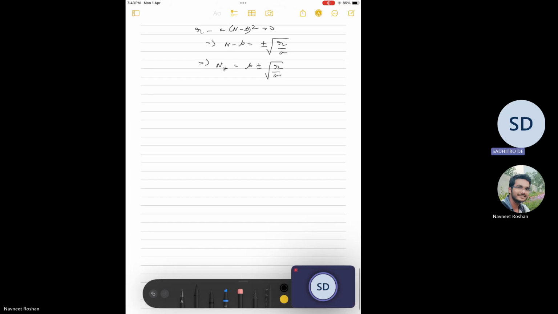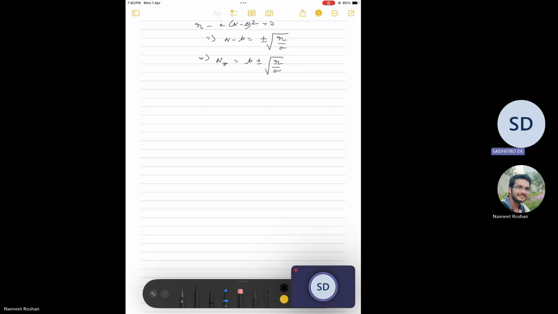Okay, so then if you plot a graph of f of n as a function of n, then you can clearly see the fixed points. What are the fixed points? There can be many different of them.